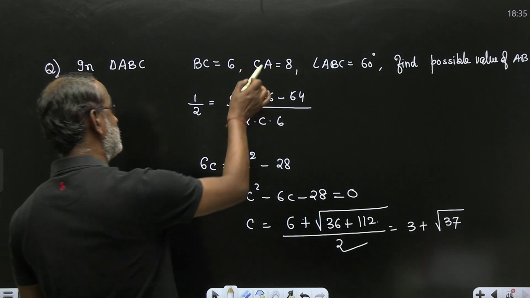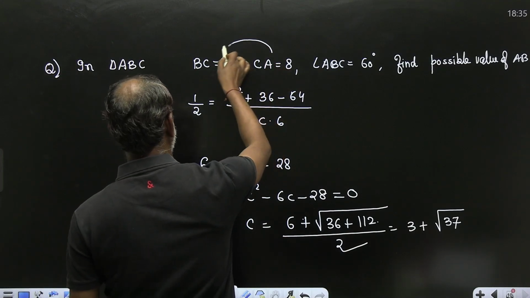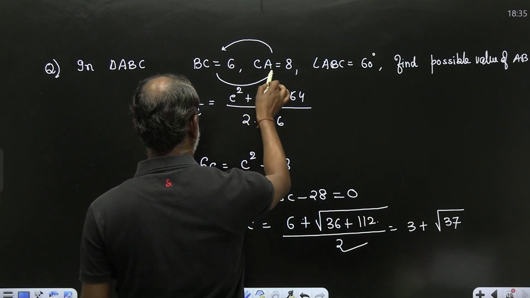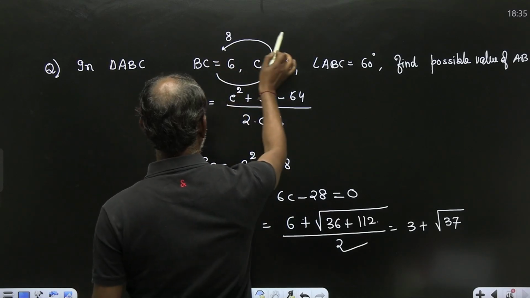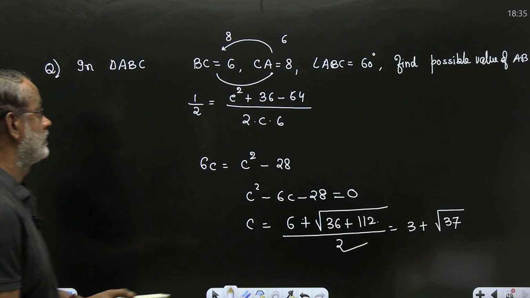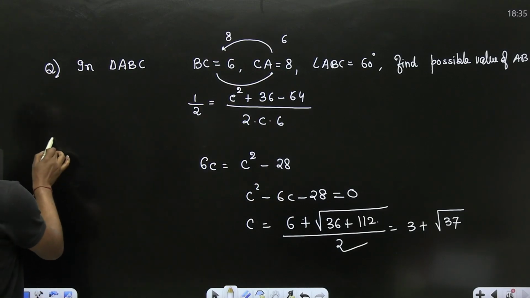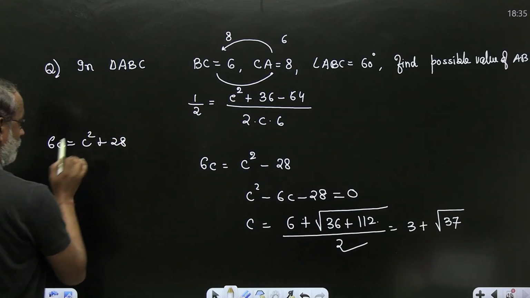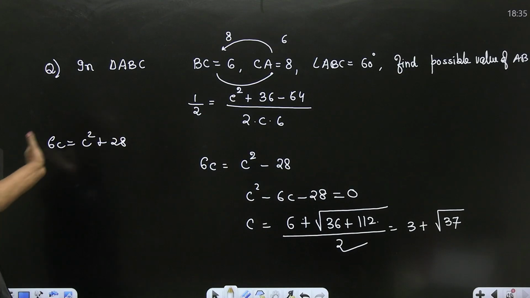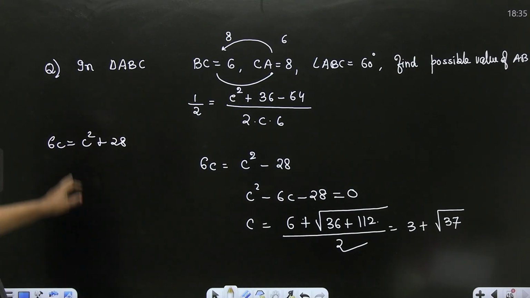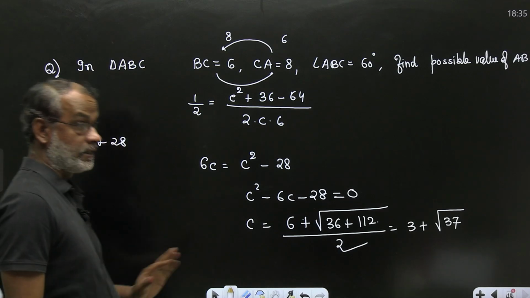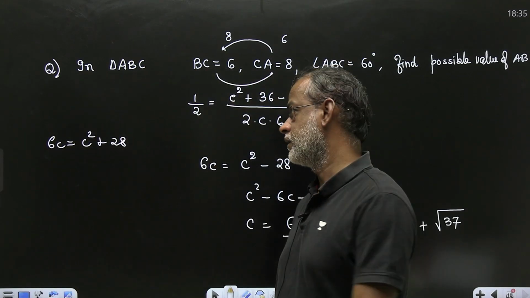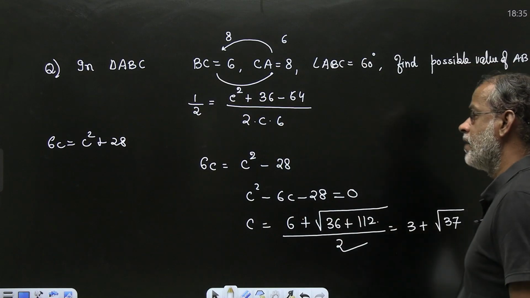Now, if we just shift these two, suppose this is 8 and this is 6, are you able to see that the equation is going to be 6C is C square plus 28. So in general you get a quadratic, there is a possibility that you get two triangles.